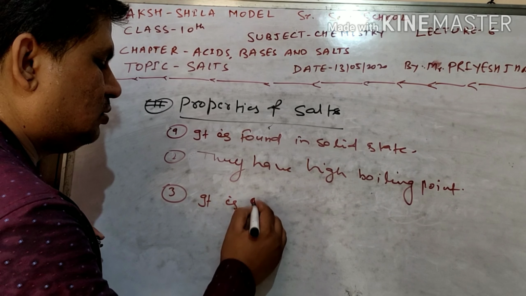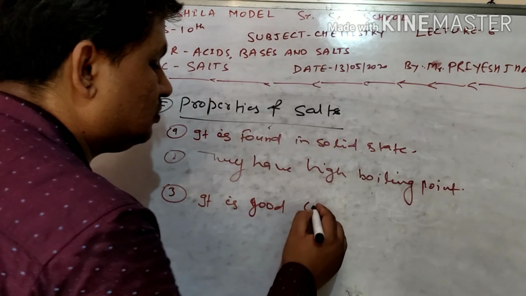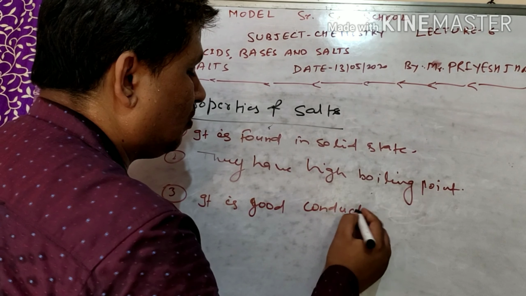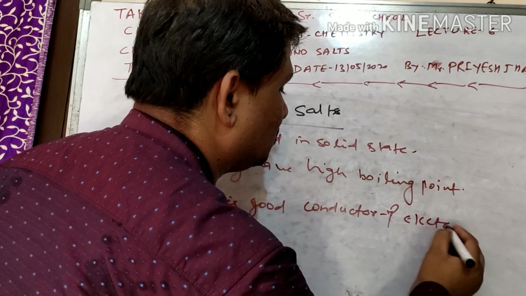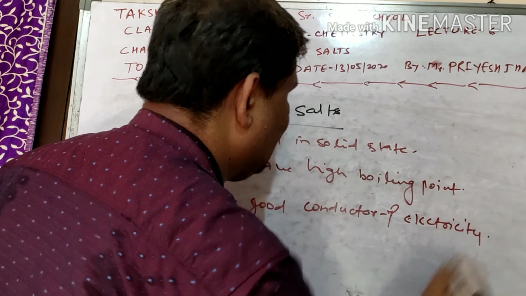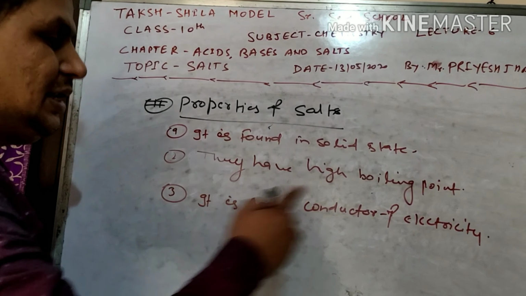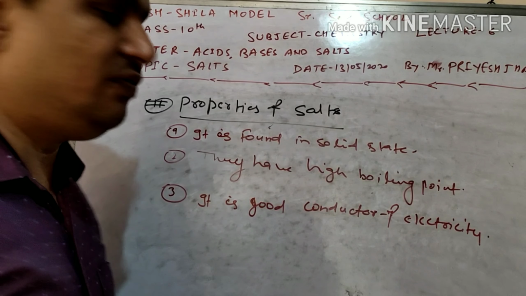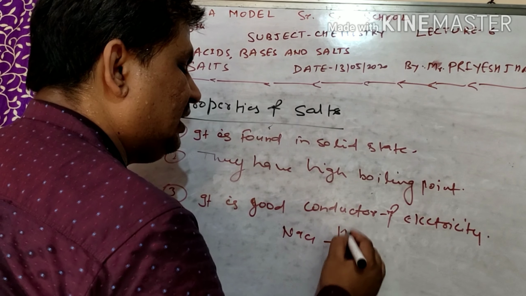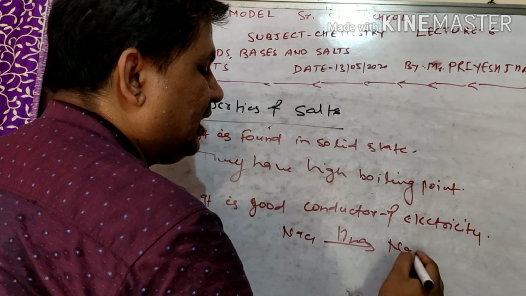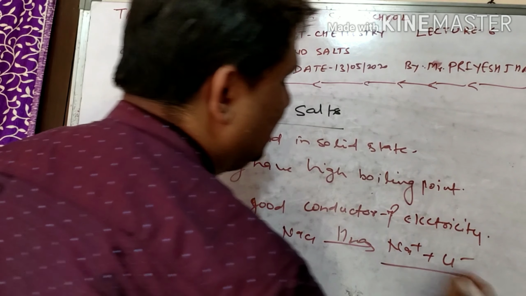Third one is it is good conductor of electricity. Generally salts are good conductors of electricity. For example, NaCl, when dissolved in water, breaks down into Na positive and Cl negative.